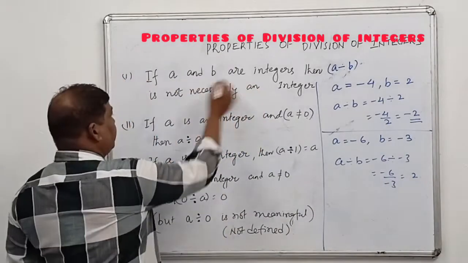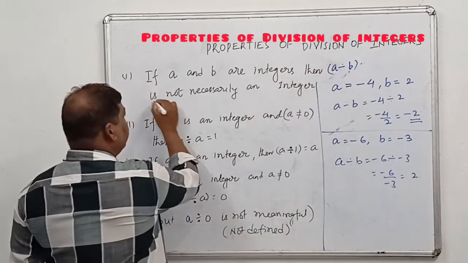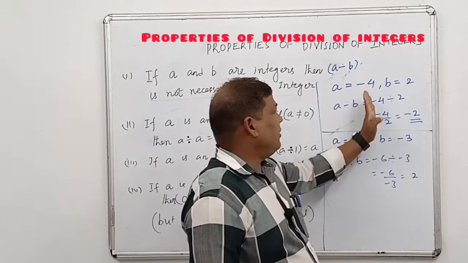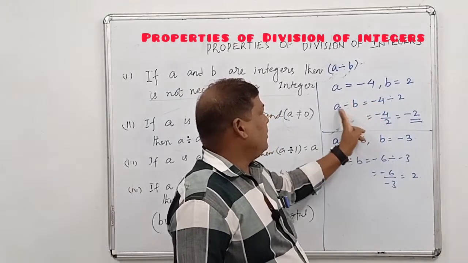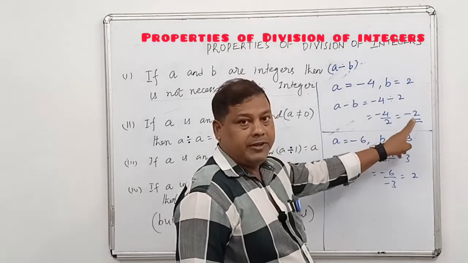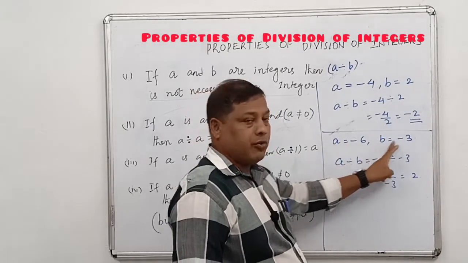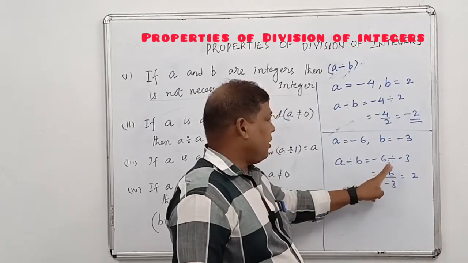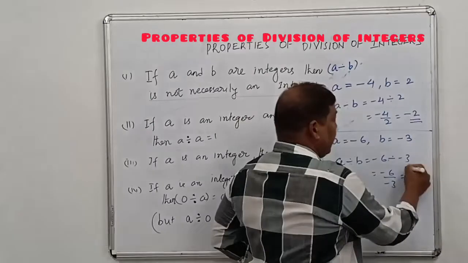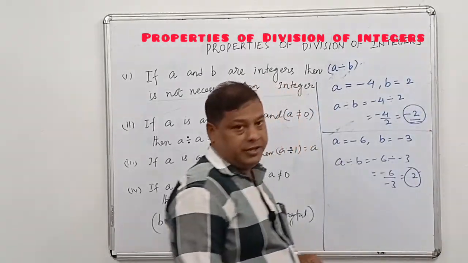But in this condition, if a and b are integers, then a upon b is not necessarily an integer. In the first case, a upon b is equal to minus 4 upon 2, the result will be minus 2. In the second case, a equal to minus 6, b equal to minus 3, that is minus 6 upon minus 3 is equal to 2. This 2 is an integer, the result will be an integer. Here also the result will be an integer.